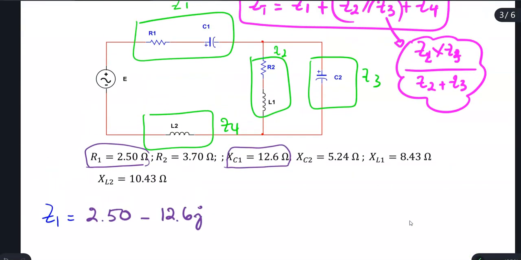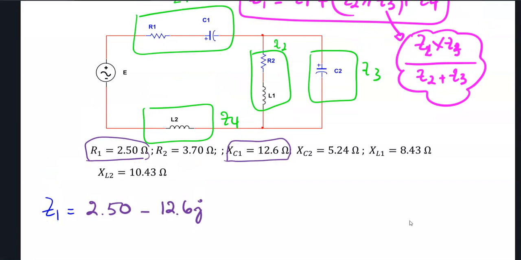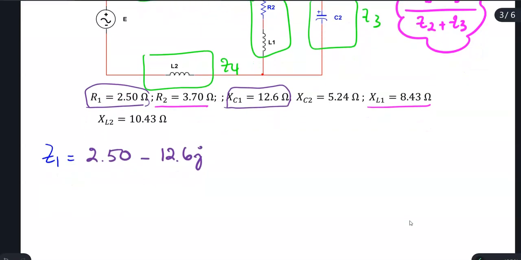Alright, so now we are going to find our Z2. The Z2 will be the R2 and the L1, and L1 is given to us as the inductive reactance, and is also in ohms.